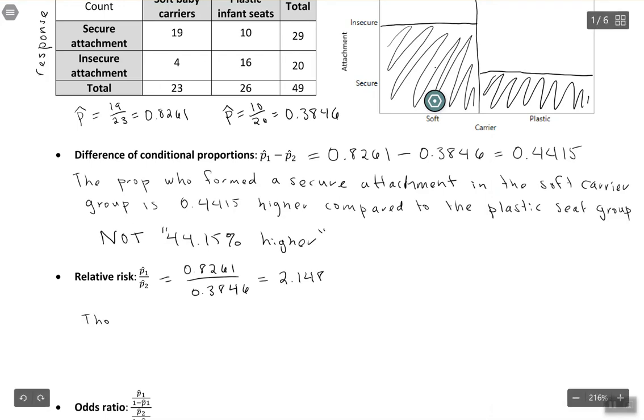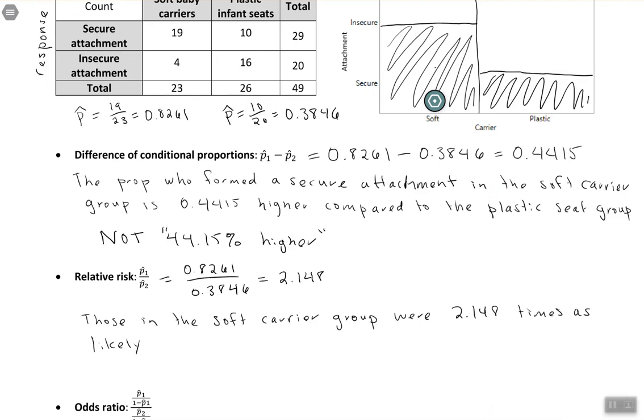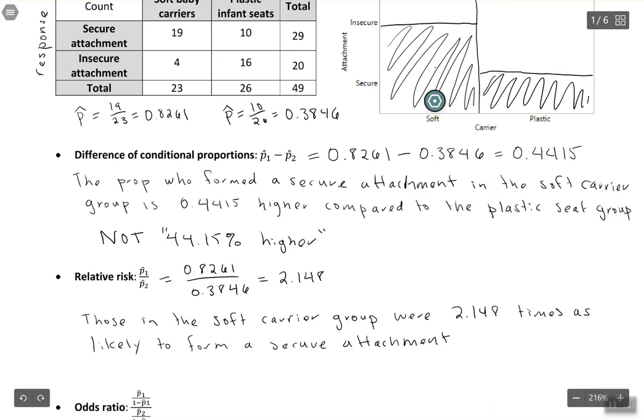So here I would say those in the soft carrier group were 2.148 times as likely. Now we're comparing them by a ratio instead of subtracting them. 2.148 times as likely to form a secure attachment. And again, I want to be explicit about what I'm comparing, compared to the plastic seat group.